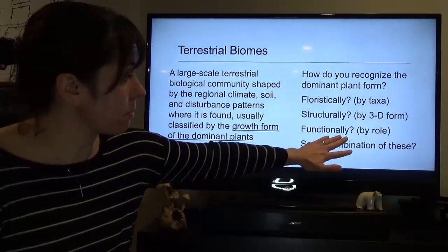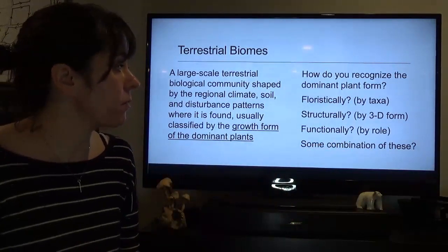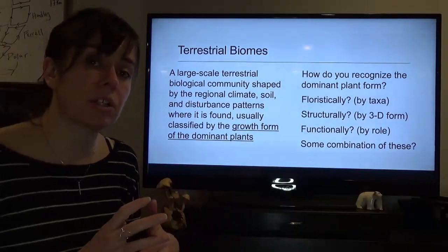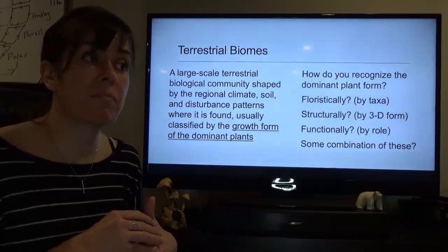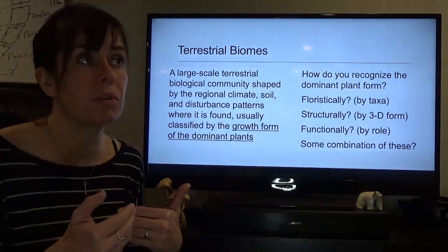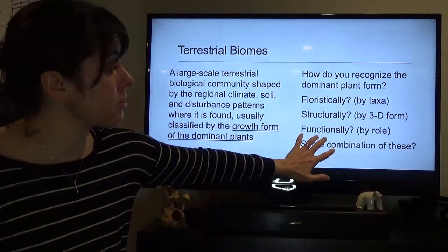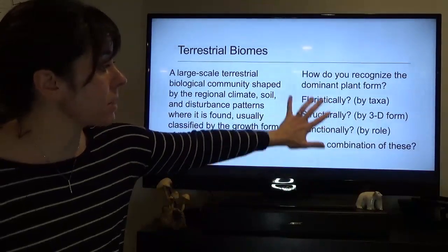Functionally, so by role, when we think about the function of plants, this can be a really important way to distinguish the contributions of those dominant taxa to the functioning of the ecosystem, based on the dominant plant form or some combination of these.